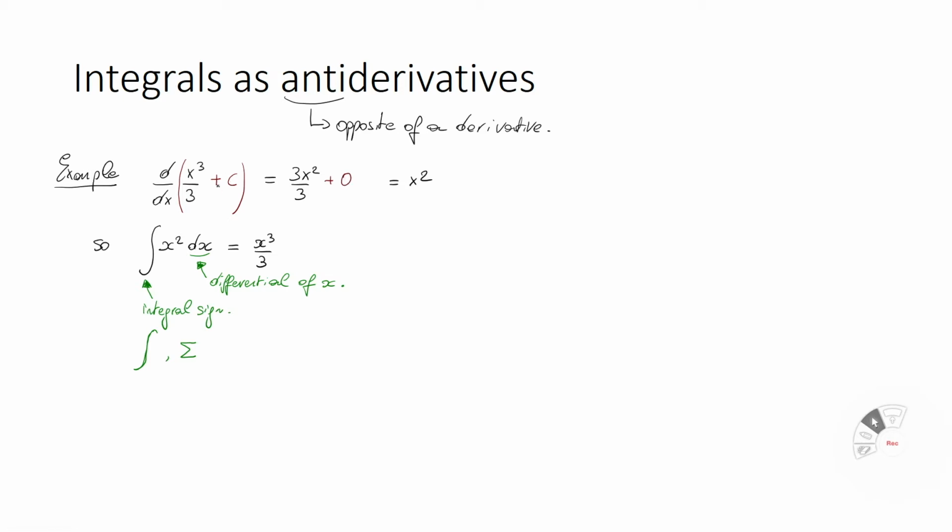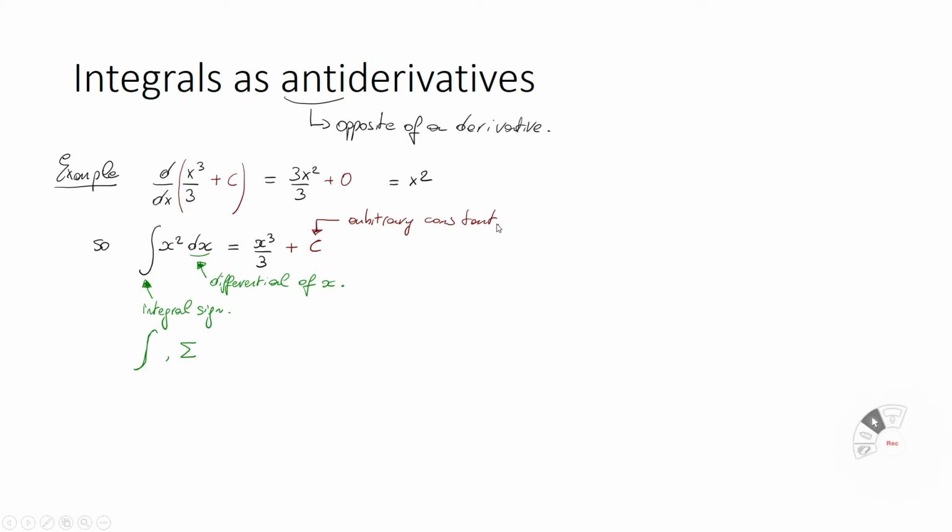So adding a constant to x cubed over 3 does not change the fact that the derivative is x squared. So for the integral, what that means is that the integral of x squared dx is not just x to the power 3 divided by 3, but it's that function plus an arbitrary constant. So this c here is an arbitrary constant.